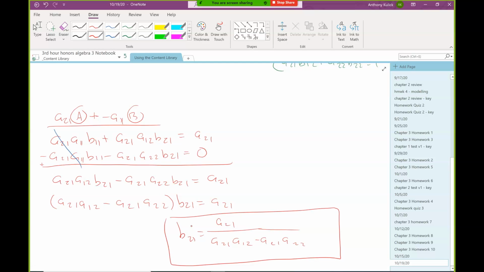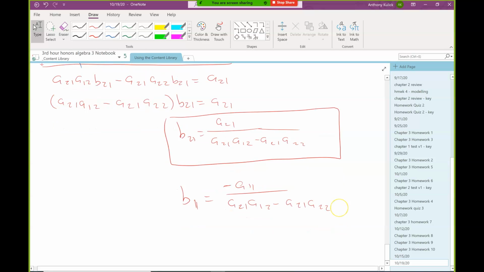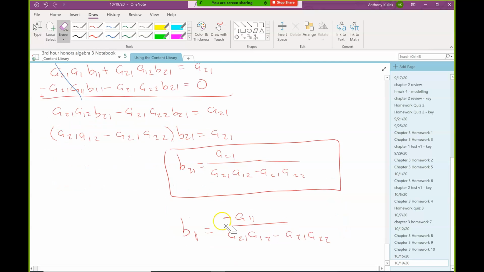Oops, that's not right. Negative. Wait a minute, hold on one second. Oh, yeah, that's fine. This is wrong though. And that's in the wrong order. Shoot.